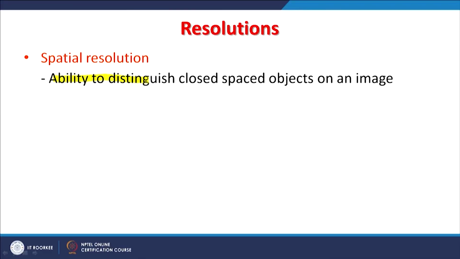So spatial resolution is always talked about in relative terms, and also you can compare with the size of the pixel which is representing the ground. So if a pixel is representing 10 by 10, 100 square meter area, and a pixel of another sensor is representing 1 square meter area, that means the 1 square meter one is having high spatial resolution, because it will fit very well in this definition.